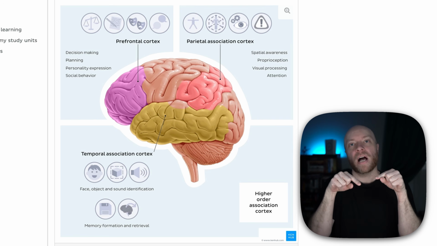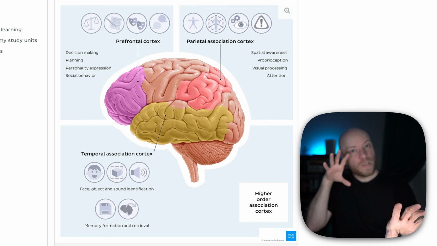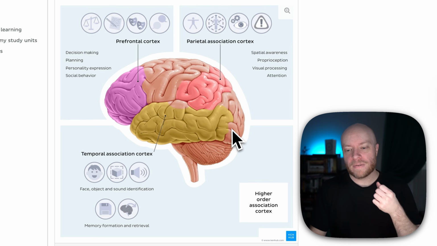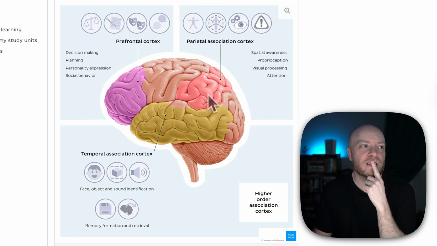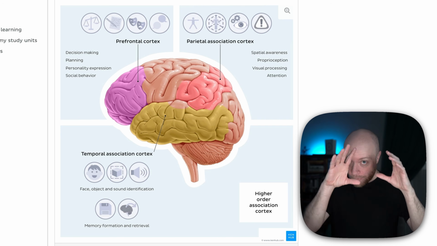Here's the border of the object, now we're making it more clear, now we're creating a little more depth, perspective and perception, and you're adding colors and those types of things. The visual processing inside the parietal association cortex is more about making sense of what you're seeing. You're putting it all together.